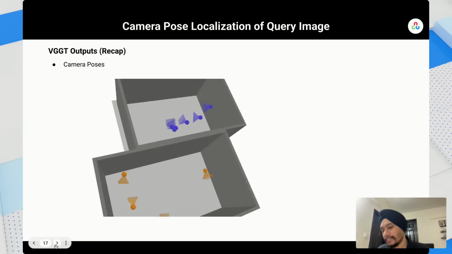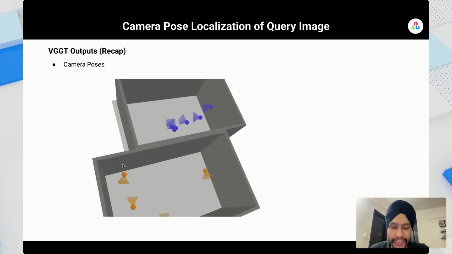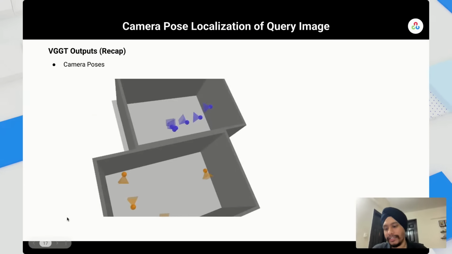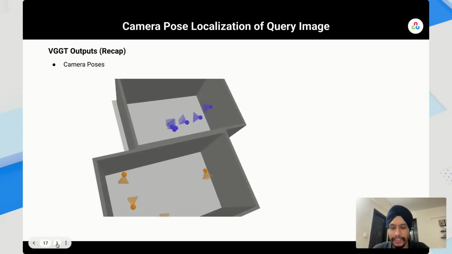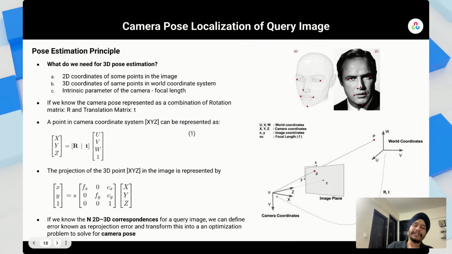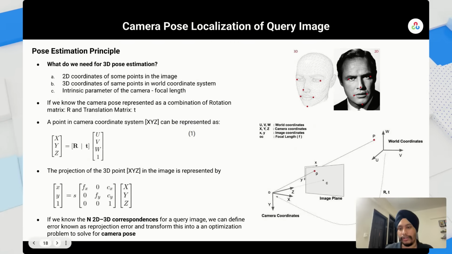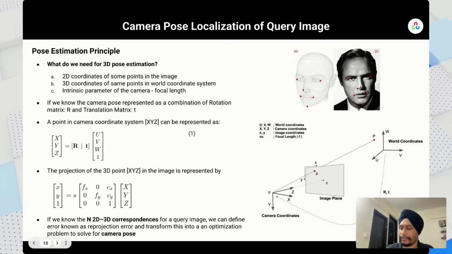These are the camera poses that we also get from VGGT. This is a cooler visualization, which also shows you at the end how we get there. So the 3D reconstruction is coming from VGGT, from that model, and we have talked about it a lot.